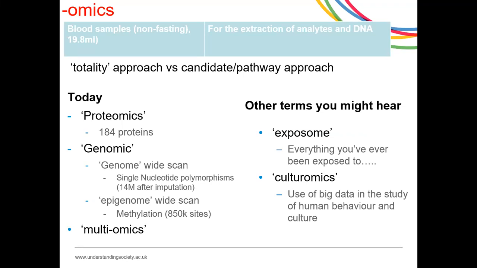I think in the long run, if we really are serious about everything that you've ever been exposed to that's not genomics, a data set like Understanding Society becomes really important, because we've measured lots of things really well, and we've got an idea of life course exposure to things.